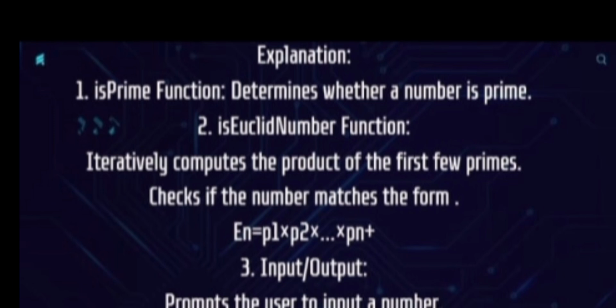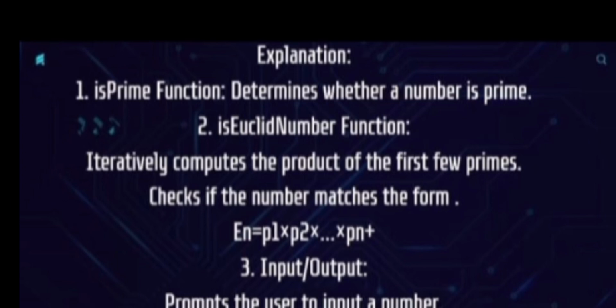Before going to the code, now let's learn about the functions written in the code. That is, the prime function, which determines whether a number is prime or not. And the second function is the Euclid number function. It checks whether the number is the product of the first few primes.